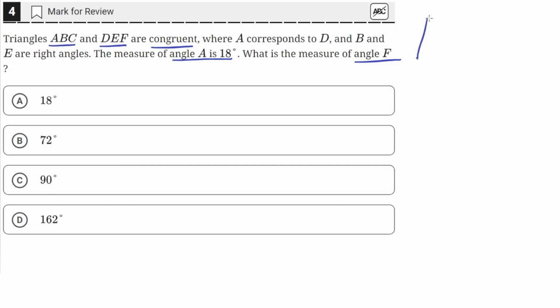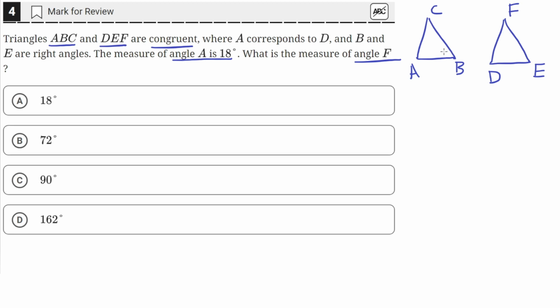So let's draw out these two triangles. We have triangle A, B, C, and triangle D, E, and F. And the problem statement tells us that A corresponds to D, okay, and B and E are right angles.